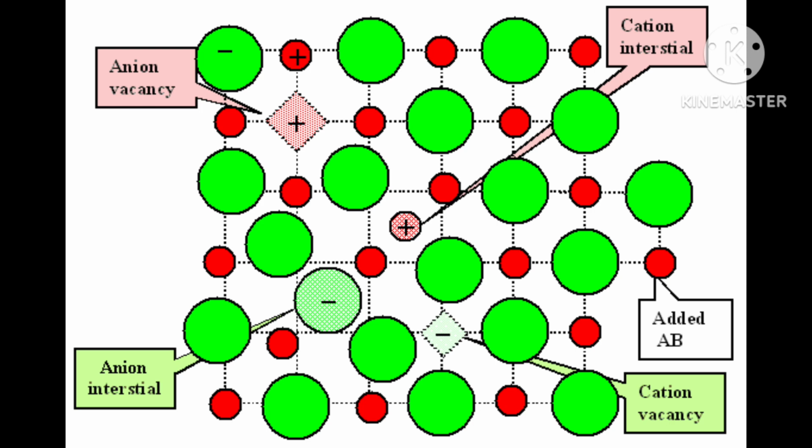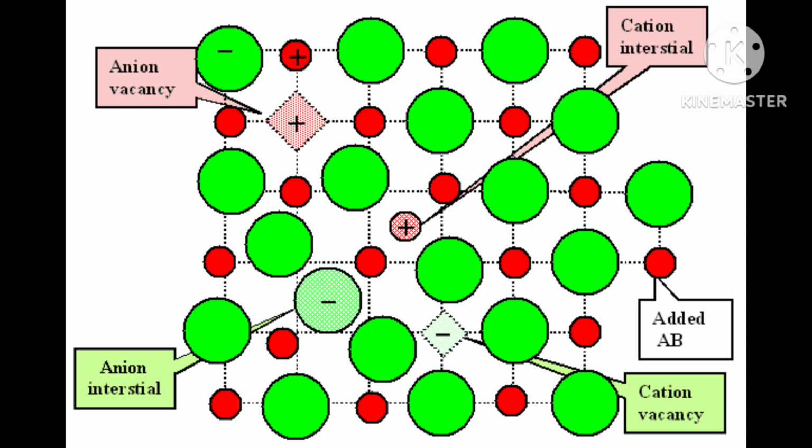Which will be the smaller ion? The cation. Ionic solids have cation and anion, and the cation will be small and the anion big. The smaller ion, that is the cation, is dislocated from its normal site to an interstitial site.